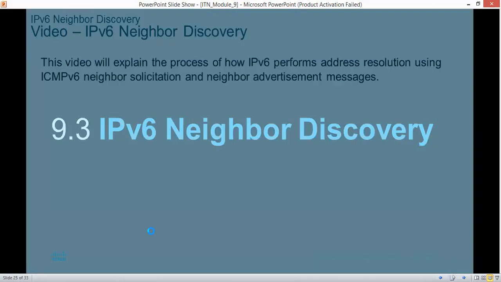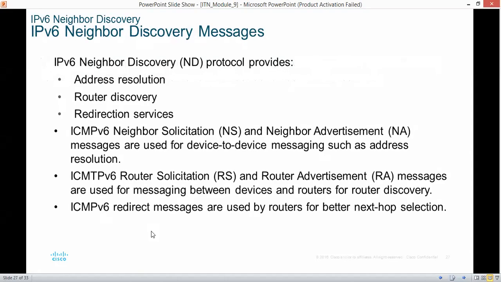And then the IPv6 neighbor discovery. This is not far-fetched from what you have for ARP in IPv4. The IPv6 neighbor discovery message protocol provides address resolution, router discovery, and redirection of services.